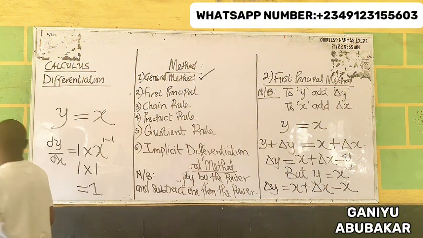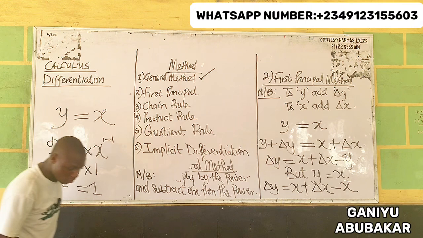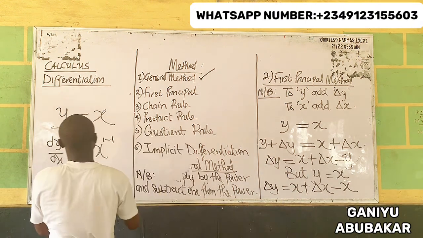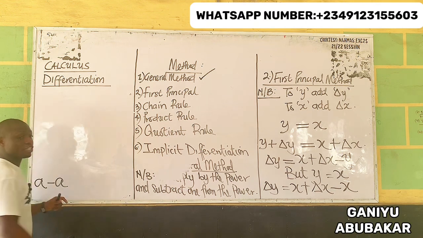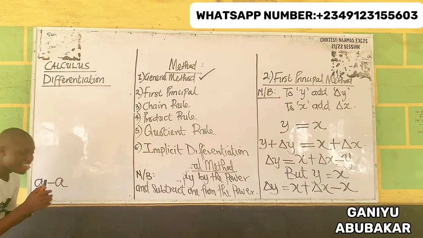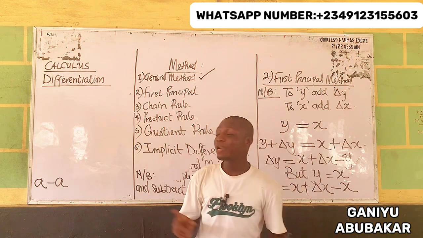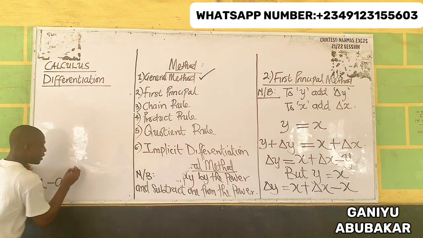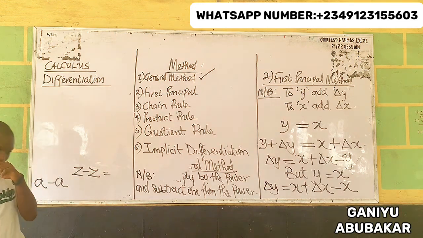Question, please. If I have a minus a, what's my answer? Zero. Okay, then let me use z. If I have z minus z, what's my answer?